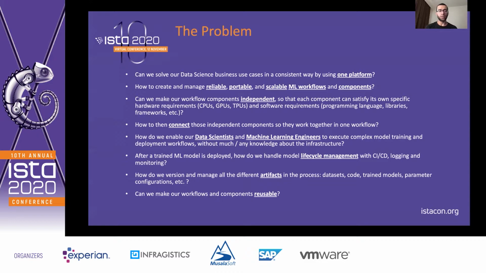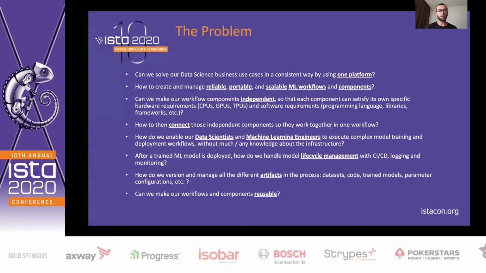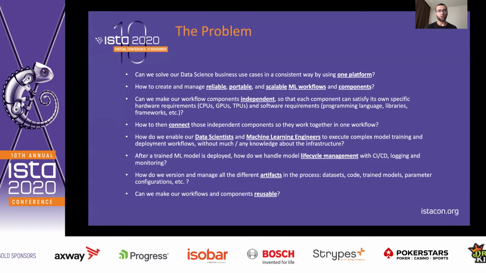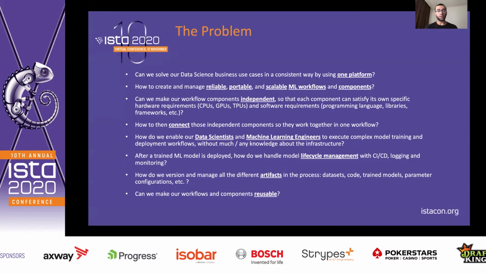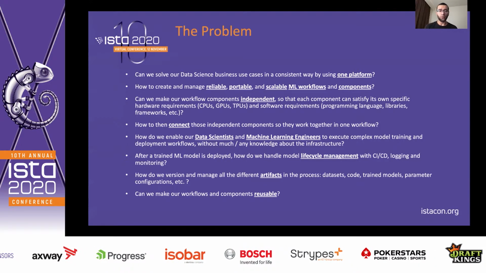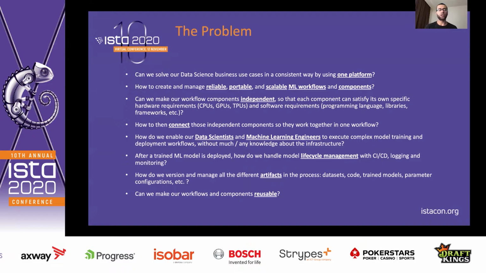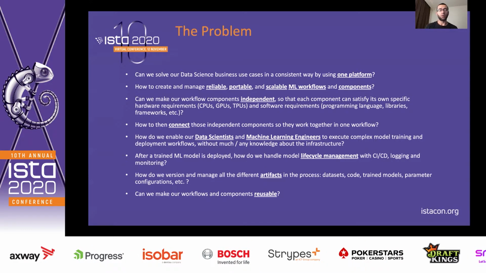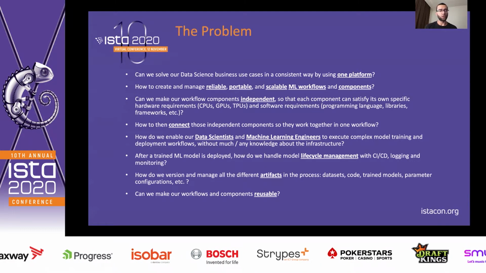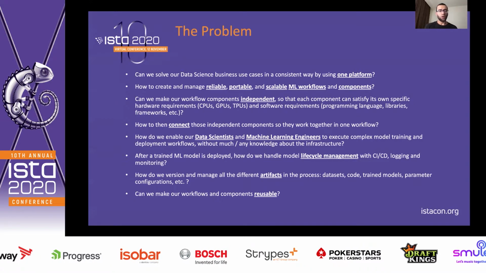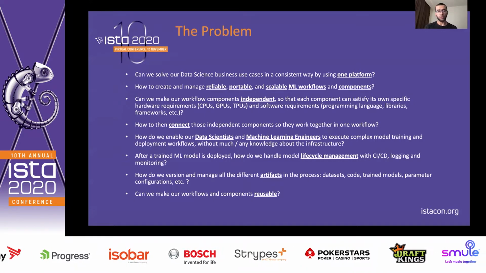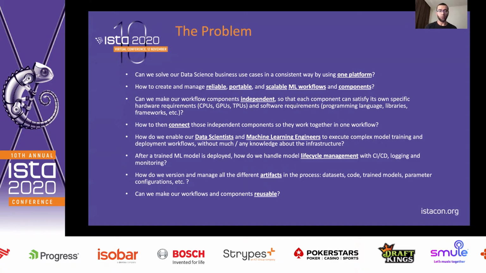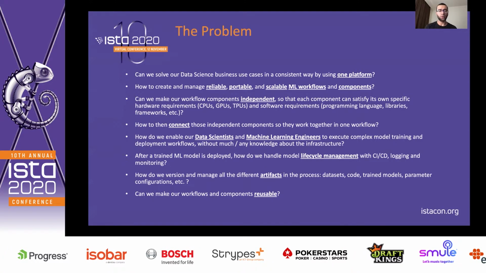We want to make things easier for our data scientists and machine learning engineers so they don't have to focus on the infrastructure too much and they can focus on solving the use case with machine learning. So after a machine learning model is trained, that's not the end. We need to do lifecycle management after that.